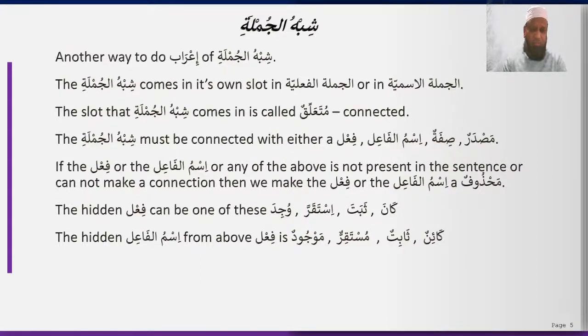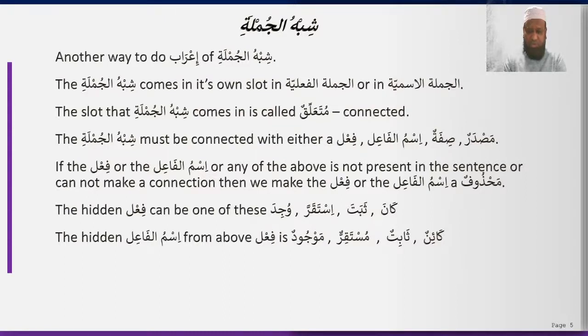The mahdhuf fail can be one of these: kana, thabata, istaqarra. If we make one of these fail, we have to make it ma'loom. And if we make the fail wajada, we have to make majhul, wujida. And the hidden small fa'il from the above fail.